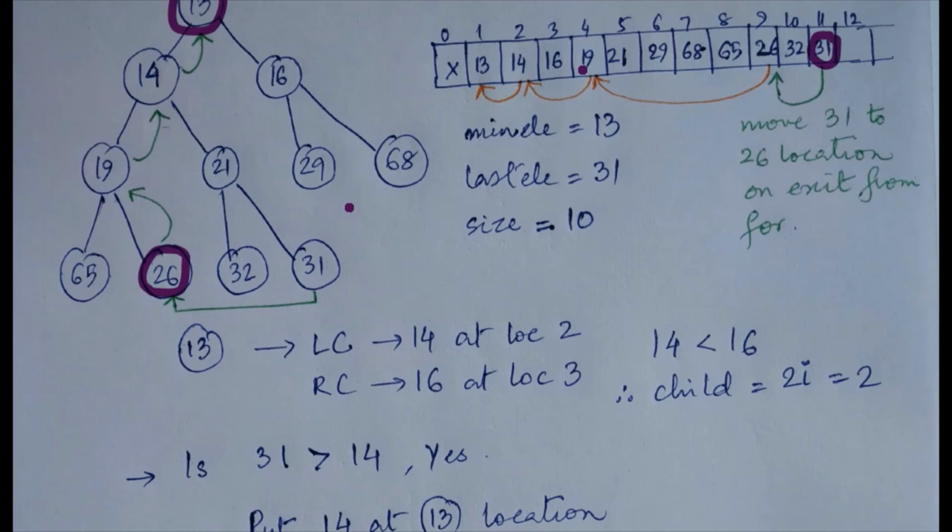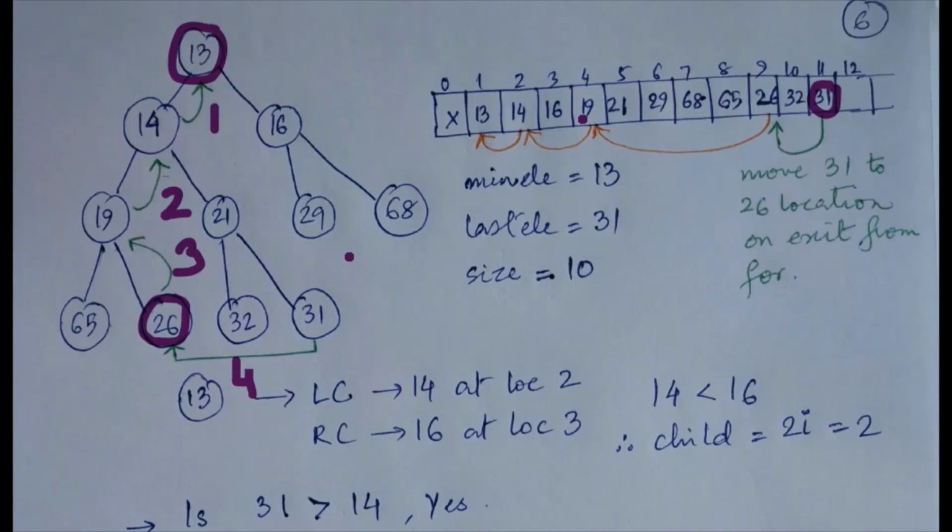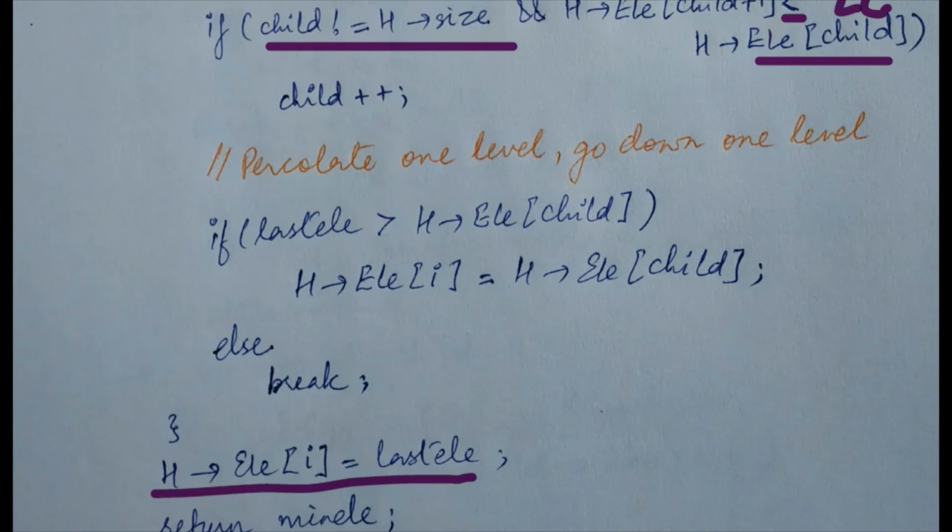Okay. So if I number this, first this, then 2, then this 3, and when you detect that there is a hole in the wrong location, you will move the last element there, only if you go through all these conditions and check for every element that you move whether last element is greater than the child.